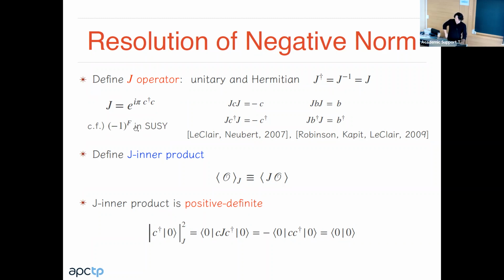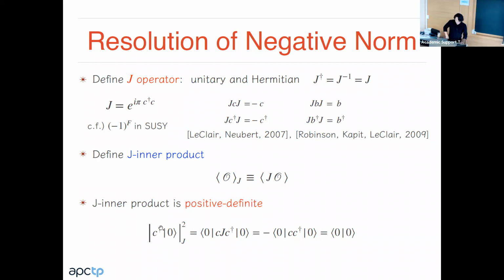It's nothing but very similar to (-1)^F in supersymmetry, but only for C. So it's a unitary operator, and at the same time a Hermitian one, and it flips only the sign of C; it anticommutes with C and commutes with B. Then they propose the J inner product, so that you define a new inner product by inserting J. Then it turns out that it's positive definite.